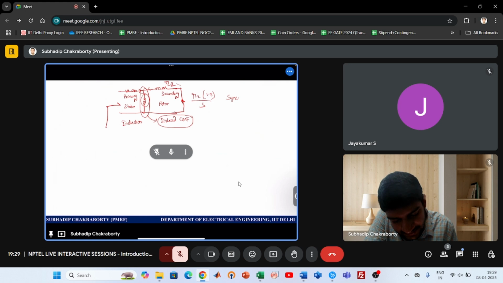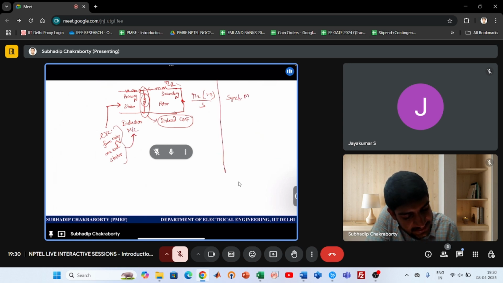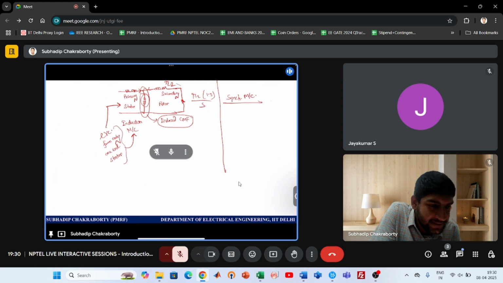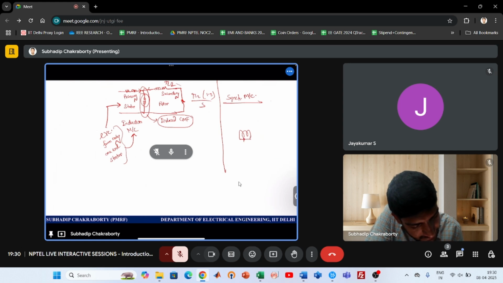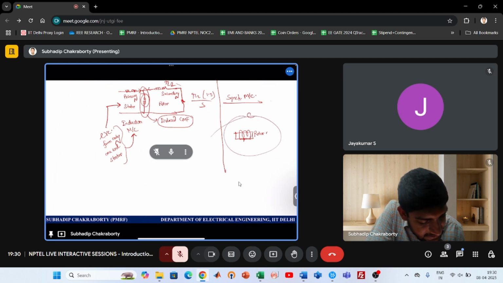Where the excitation is from only one end, that is, you can say the stator. But for synchronous machines, you are exciting two ends: the rotor, which is behaving like a magnet, and the stator.